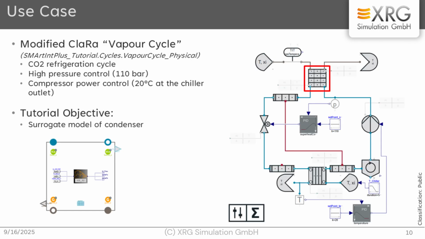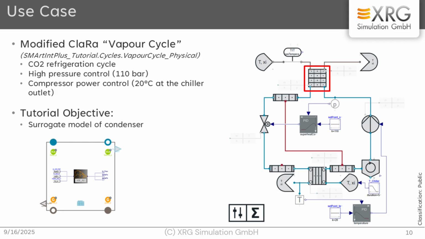So this is our use case. We use the modified Clara vapor cycle. This is an example that you already have in your tutorial package, and it's a basic refrigerant cycle with CO2.